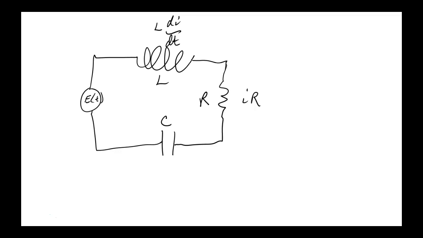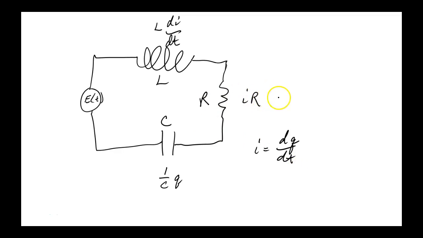That's why it's little i, okay? And then your capacitor is 1 over C times Q, how much charge is piled up on one side or the other. Well, then your variable here has to be your Q, not your I. But I is equal to dQ dt.